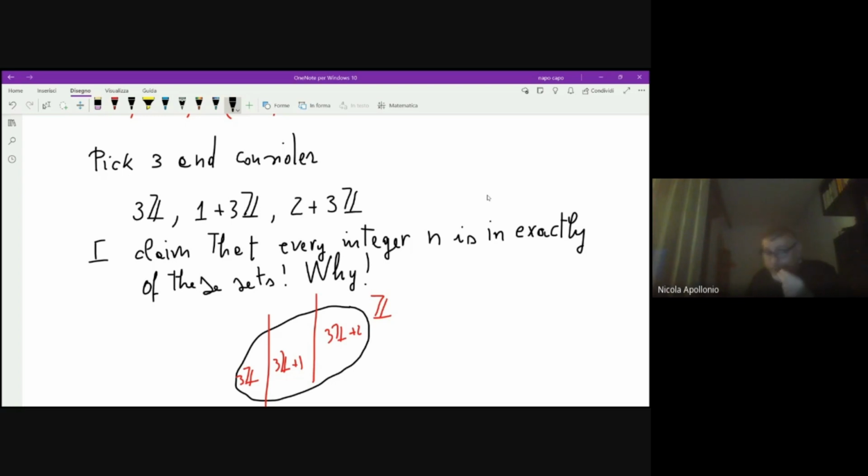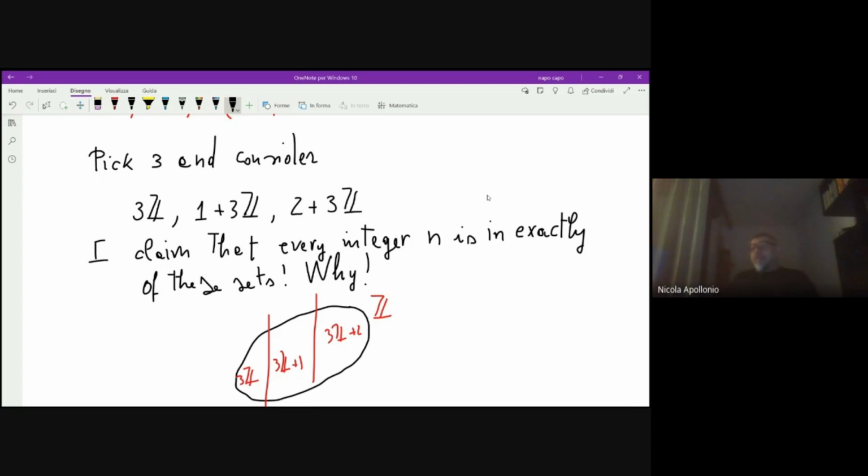But we are saying much more. We are saying that altogether, these three disjoint sets cover, exhaust the whole set of whole numbers, of integer numbers. Why is this true? Of course, if n is a multiple of 3, it is in 3Z, and we are done.